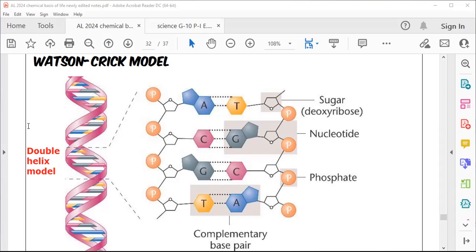That's why it is also called the Watson and Crick model. Double helix model has another name called, what is it? Watson and Crick model. Clear? Please mark it down.